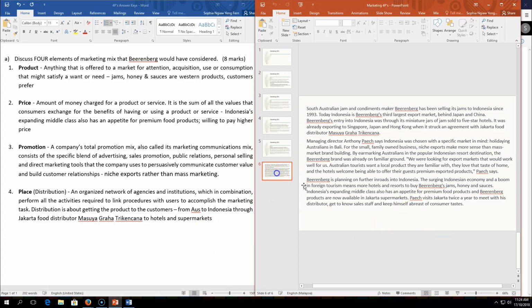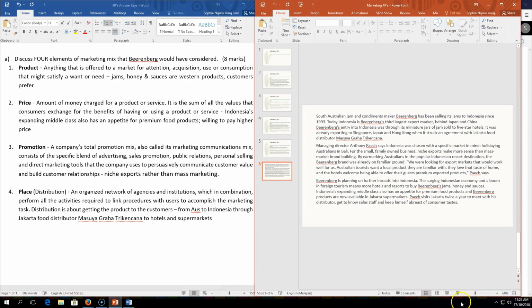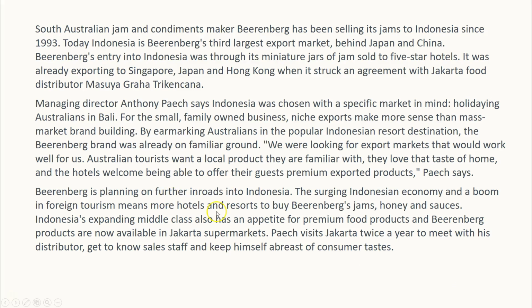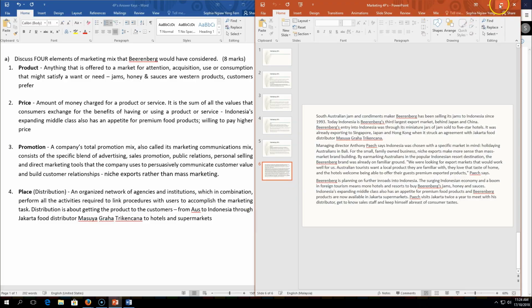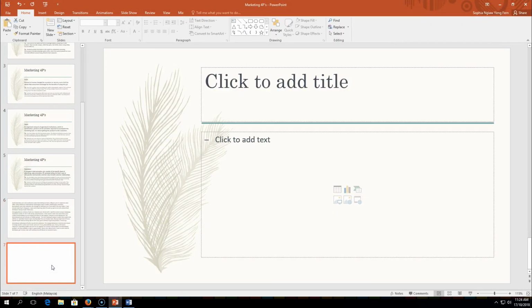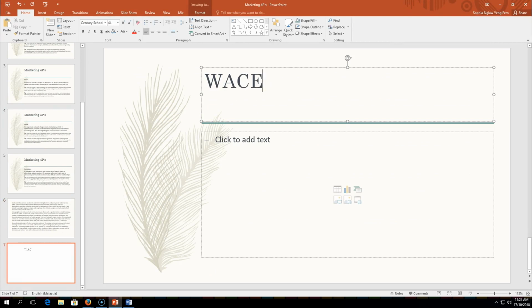Okay, so if you can see here, it's very clear. Let me just really quickly type it out. So for WAIS exams, what do you do? First of all, you should define, you can never get away from it, and identify the P related. Alright, like what we did just now.